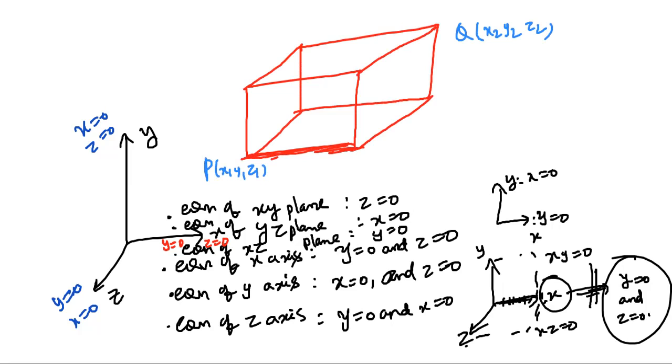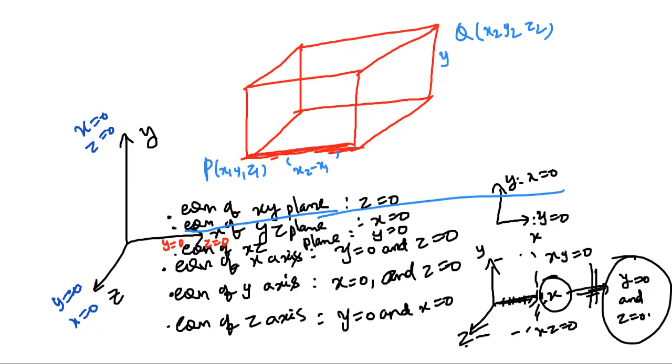So what is the meaning of this? The meaning is, until here it is x1 distance on the x-axis side, until here it is x2 distance. So this distance is going to be x2 minus x1. Similarly on the y side, until here it is y1. If I drop a perpendicular, this is y1, and this is y2.